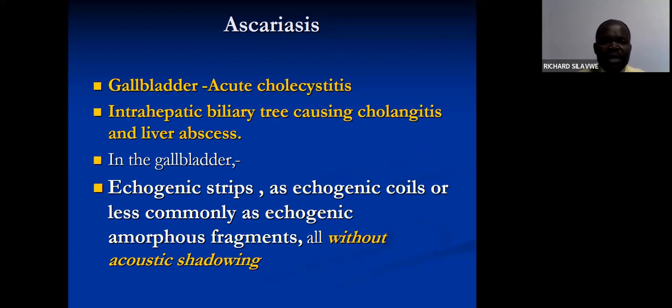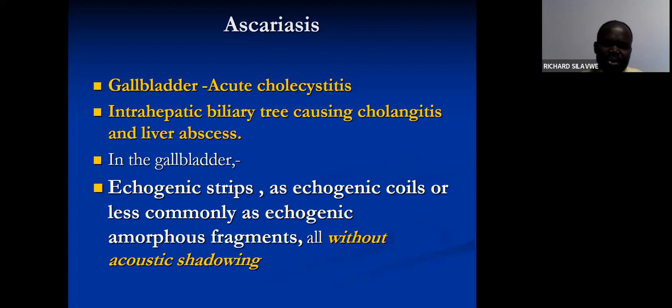So in the gallbladder, Ascariasis can actually lead to acute cholecystitis, then in the intrahepatic biliary tree causing cholangitis and liver abscess. So these are some of the causes of hepatic or liver abscesses.